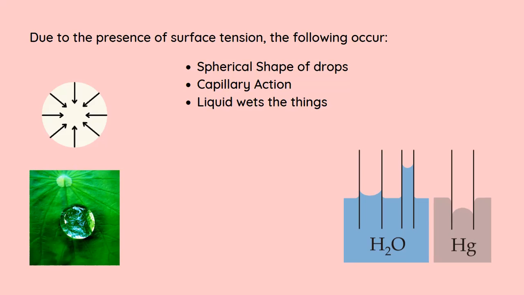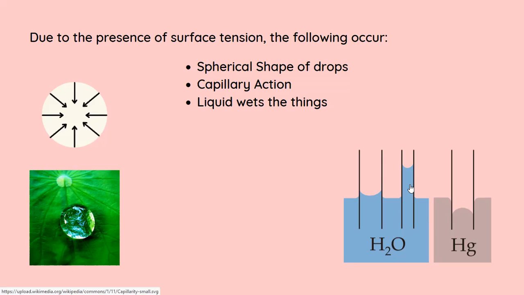So capillary action: when a capillary tube is dipped into a liquid, the liquid will rise. This is an example of capillary action. The liquid level is going to rise in the capillary tube, and this is because of the inward pull of the surface tension acting on the surface, that makes sure the liquid gets pulled into the capillary tube.